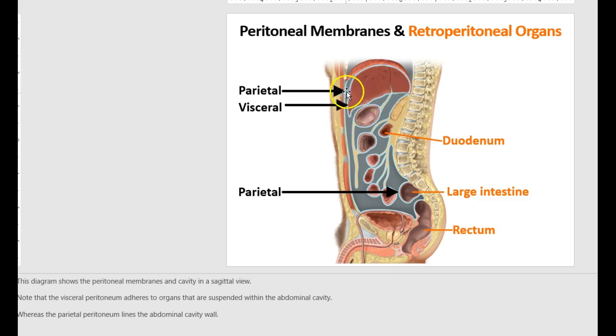The visceral peritoneum, which has an arrow pointing to it, surrounds the liver, the stomach, the intestine, that's the large intestine, small intestine. So a visceral peritoneum will always adhere to an organ suspended within the abdominal cavity, whereas the parietal peritoneum lines the abdominal wall, or the abdominal cavity wall.